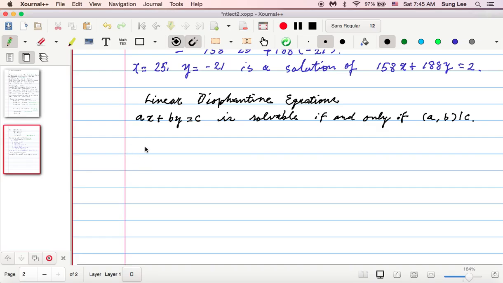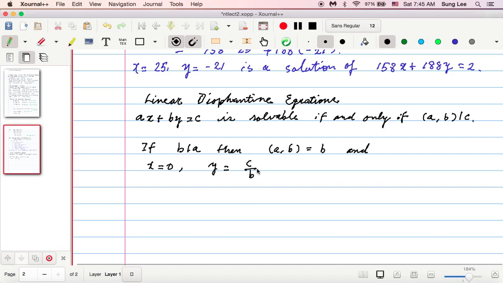Okay. Right. So here's the first case. So if B divides A, then of course the greatest common divisor of A and B is going to be just B. So in this case, x equals 0 and y equals c over b.